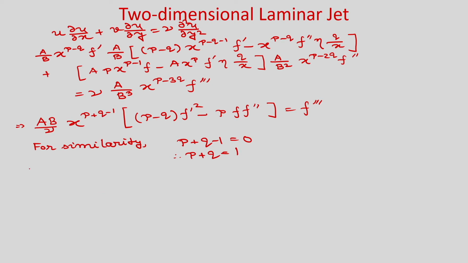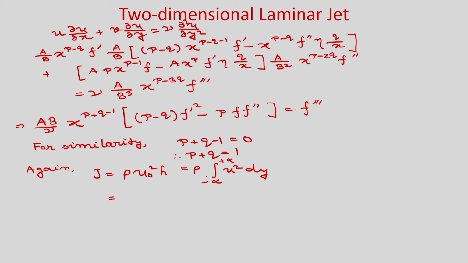And also we know j is equal to rho u naught square h, where u naught is the inlet velocity, is equal to rho integral minus infinity to plus infinity u square dy. Okay.